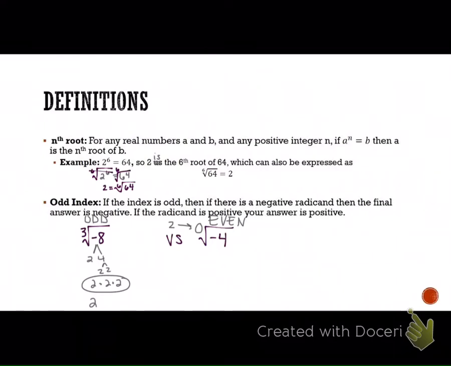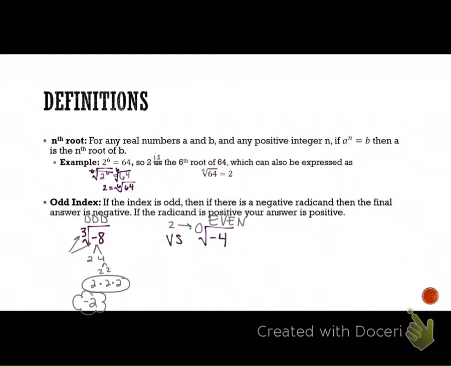What could we make that 2? Is negative 2 times negative 2 times negative 2 negative 8? Yes. Negative 2 times negative 2 is positive 4, and a positive times a negative is a negative. So, if it's a negative under an odd radical, it's going to come out with a negative answer.